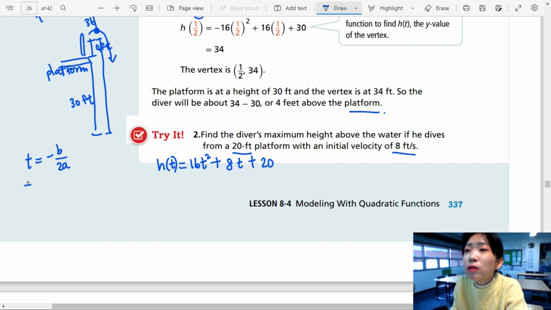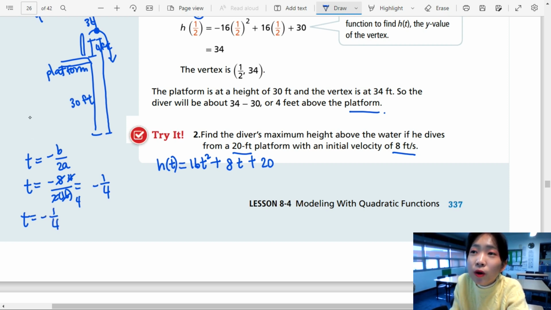And so your new b is going to be 8, and your a is still negative 16. Then simplify that fraction, and you have negative 1 over 4. So that would be the t of your vertex.